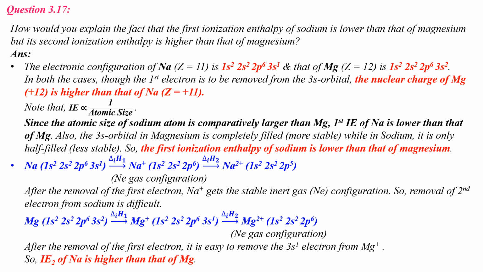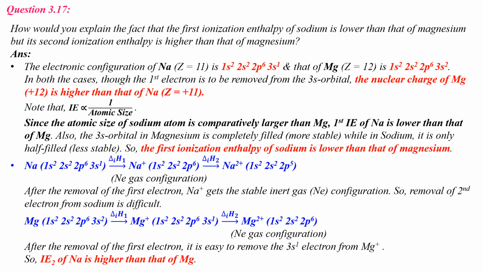Okay, we know the electronic configuration of sodium with atomic number 11 is 1s2, 2s2, 2p6, 3s1. And the electronic configuration of magnesium with atomic number 12 is 1s2, 2s2, 2p6, 3s2. In both the cases, though the first electron is to be removed from the 3s orbital, the nuclear charge of magnesium is higher than that of sodium.